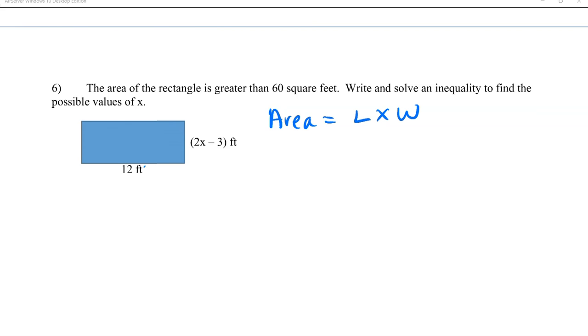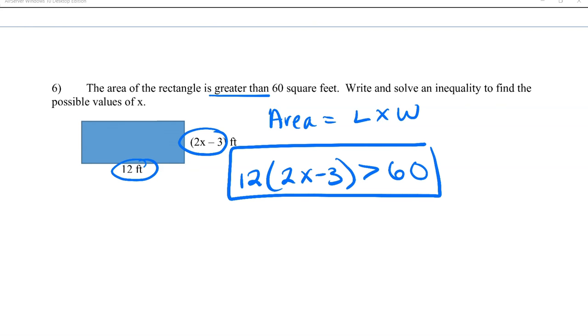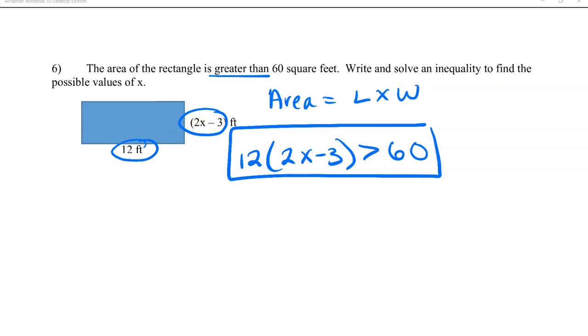So we are multiplying these two dimensions here, 12 times 2x minus 3. That represents the area, and the area is greater than 60. So there's the inequality that represents the situation, and then we solve.